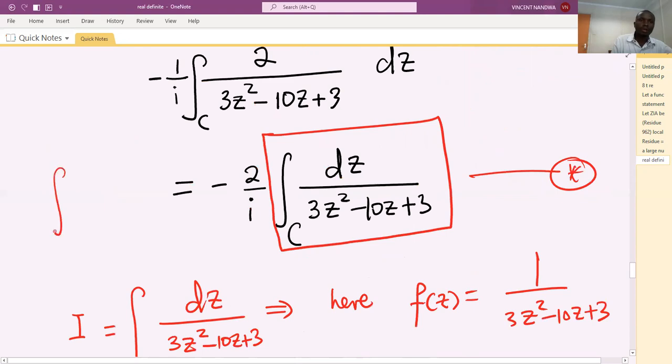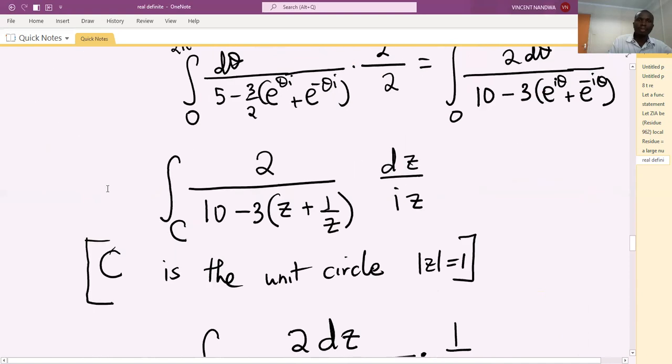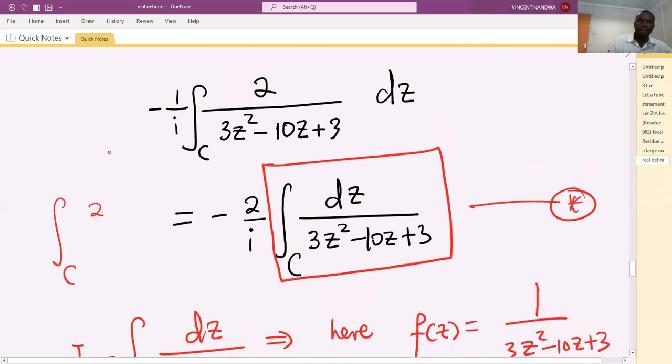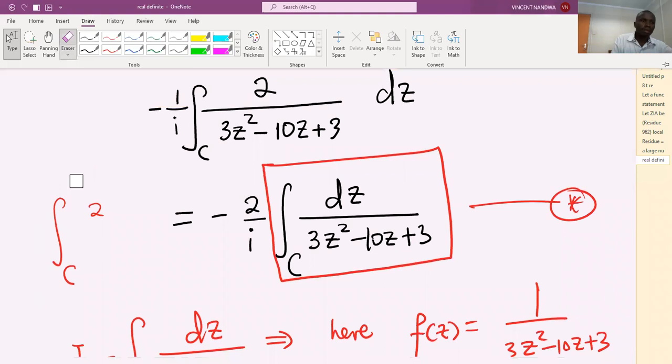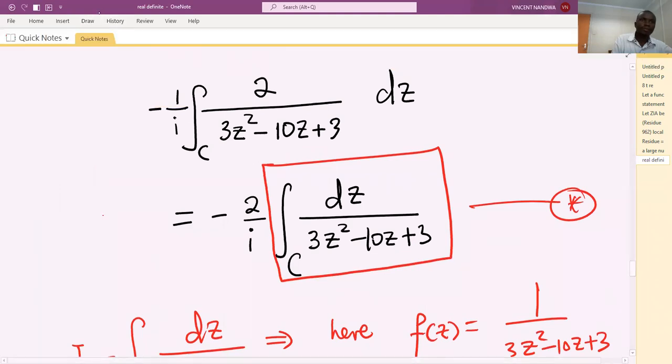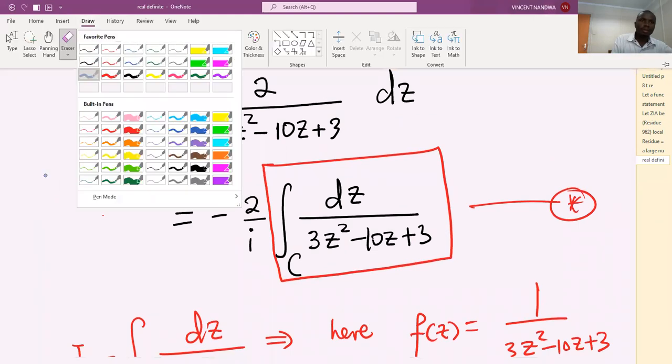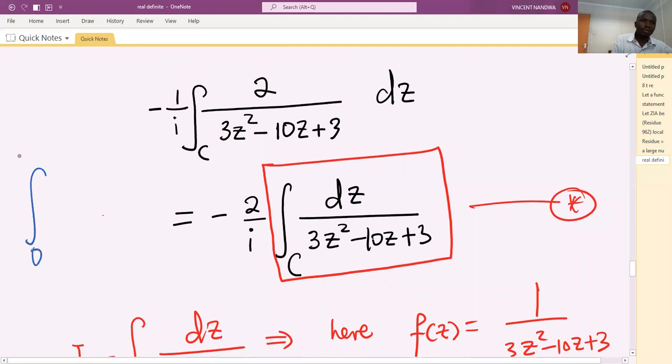But then we were to calculate the value of the original integral. So I can just say the original integral was given by this star equation. This was the integral from 0 to 2 pi d theta over 5 minus 3 cosine of theta.